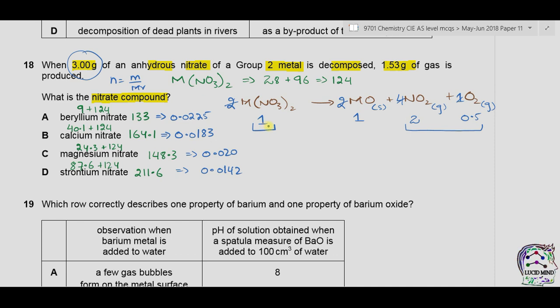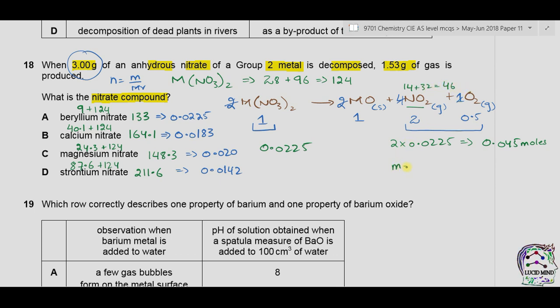Now starting with the first one, we have beryllium nitrate whose number of moles is 0.0225. As we know that for 1 mole, 2 moles of NO2 are produced. So for 0.0225, 2 into 0.0225 moles of NO2 will be produced, which is equal to 0.045 moles. Let's find the mass of NO2. The molecular mass is 14 plus 32, which is equal to 46.